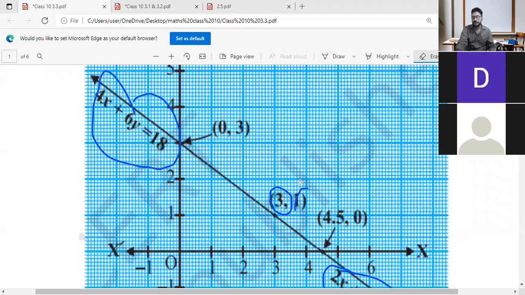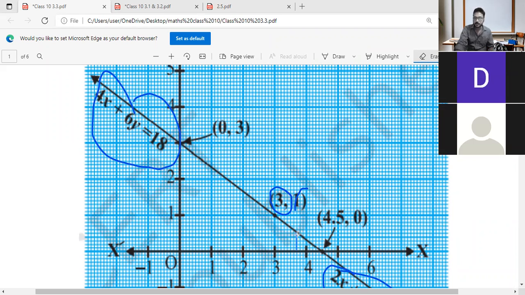You can easily find it just by drawing the graph. I am going to mark the point almost 3.75. This is 3.5, 3.6, 3.7. You should draw a line like this. So this is 3.75.